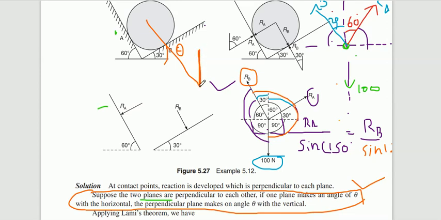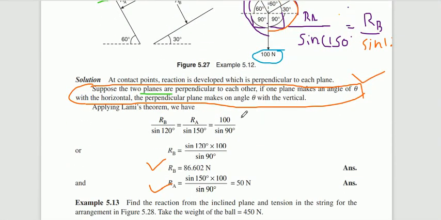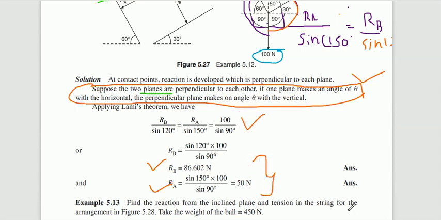This is the y axis, the natural y axis, with the same theta with respect to the y axis. While writing that, you have to consider the inclination of this reaction as theta. That is the most important concept here. After that, by simplifying, you can easily apply Lami's theorem and you will get the unknowns. Is it clear how to draw the free body diagram for spheres?